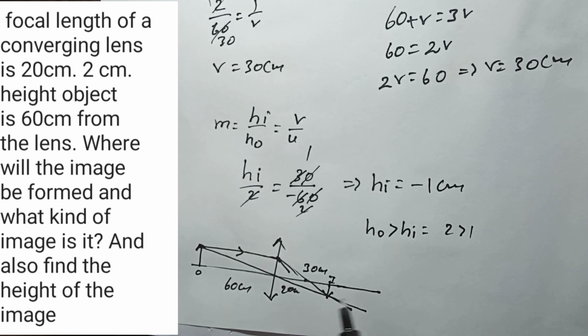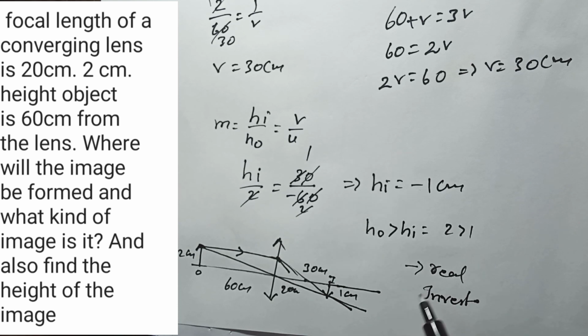And this is the object, actually this is the image, and the height of the object is 2 centimeters, height of the image is 1 centimeter. So directly these refracted rays are intersecting, means what type of image are you going to get here? Real image. So what is the nature of the image? Real image. And we got the image below the principal axis now, so it is an inverted image.